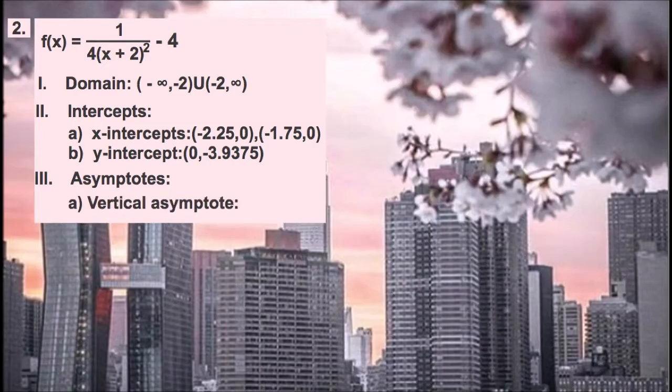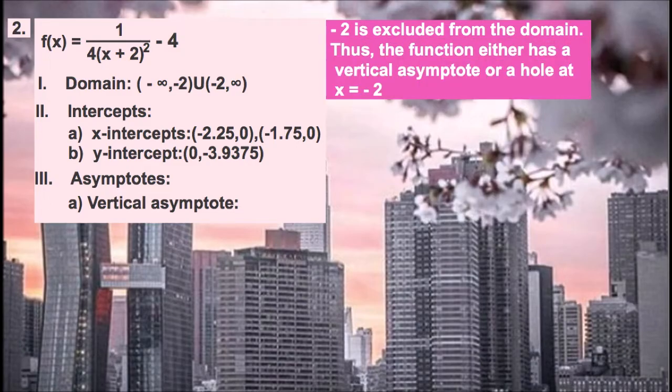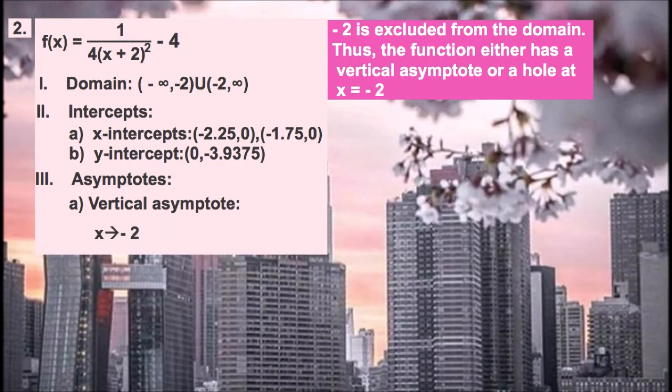Asymptotes. Vertical asymptote. Negative 2 is excluded from the domain. Thus, the function either has a vertical asymptote or a hole at x equals negative 2. When x approaches negative 2, y approaches 1 over 4 times 0 positive minus 4.